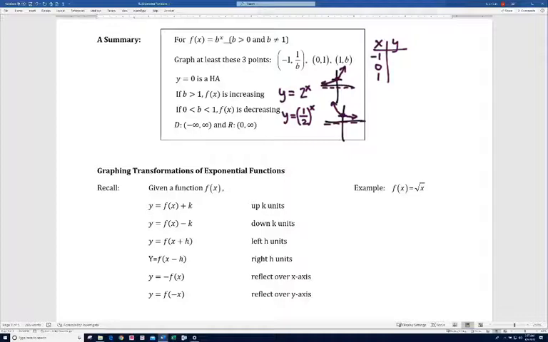If we have y equals our function plus some number, then we're up k units. So I'm going to show you these with the example here. In this problem, f of x is the square root of x. So f of x plus k, that would be y equals the square root of x plus, I'm going to use 2 for k.